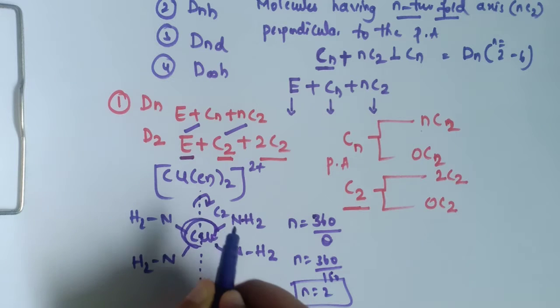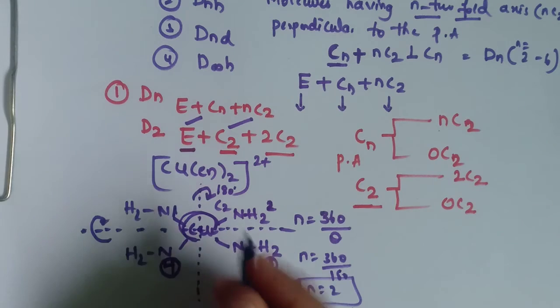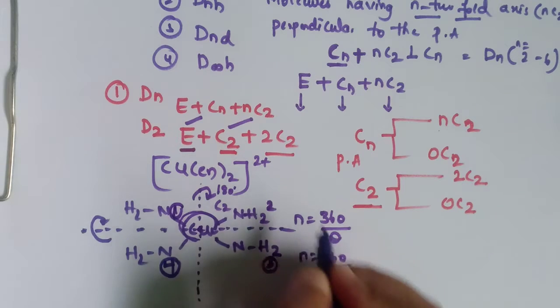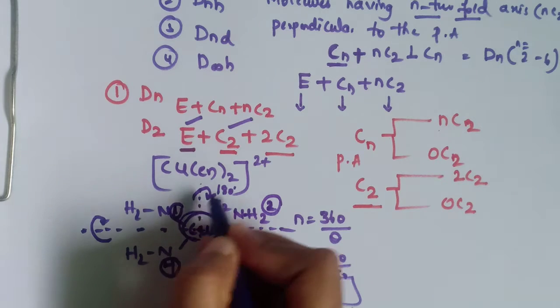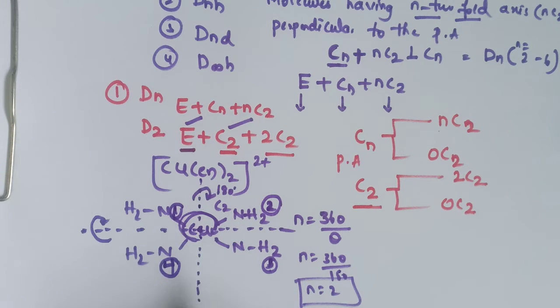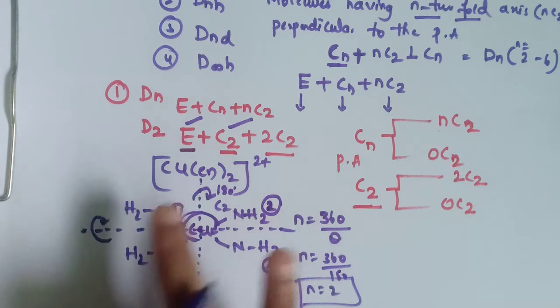If you perform the C2 operation 2 times, then we will get an identical configuration. If we name the atoms 1, 2, 3 and 4 and perform a 180 degree rotation, passing the axis like this and rotating the molecule, then 1 and 4 will come on this side and 2 and 3 will go on that side.